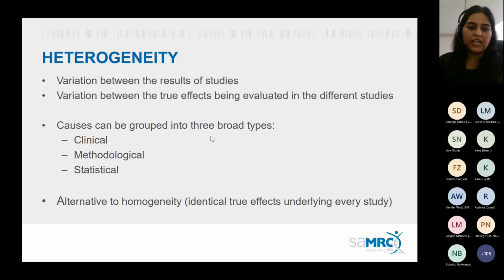So more specifically, heterogeneity can be attributed to clinical diversity, methodological diversity, or statistical heterogeneity. Okay, and this is an alternative to homogeneity, where we assume there are identical true effects underlying every study.